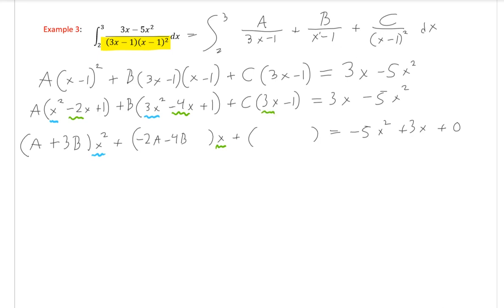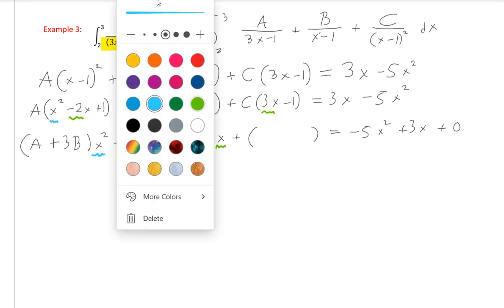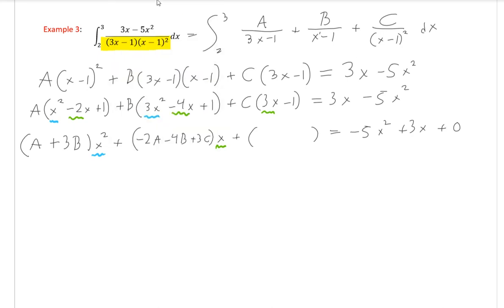And I have a 3x here, so that's going to give me a plus 3C. And lastly, for my constant terms, I have a 1 here, so that's going to give me an A, a 1 here, so that's going to give me a B, and a minus 1, so that's going to give me a minus C. So A plus B minus C.